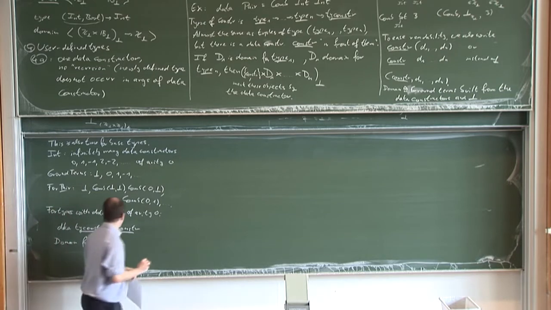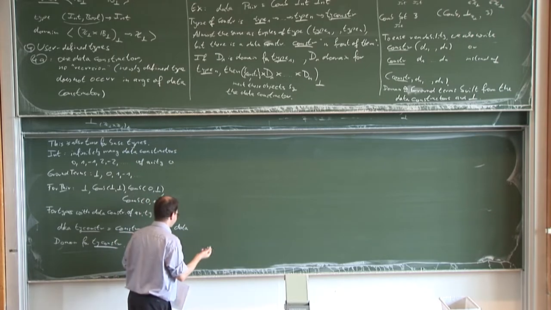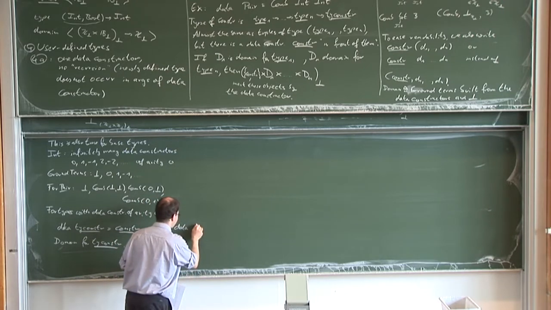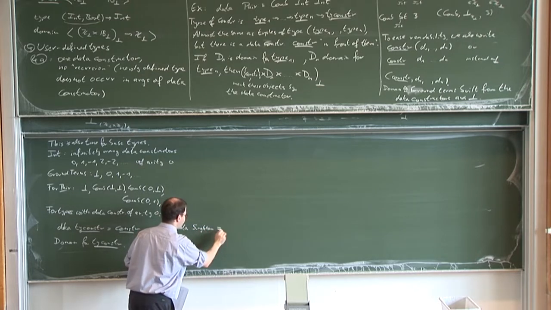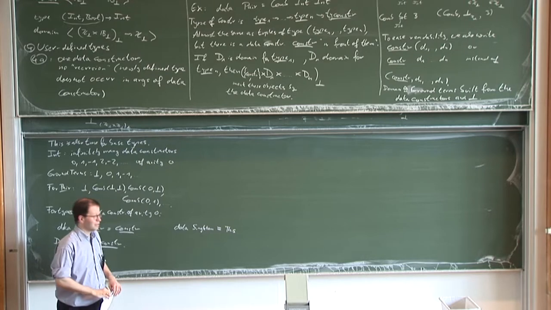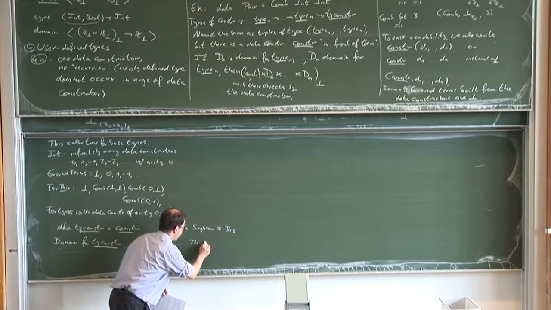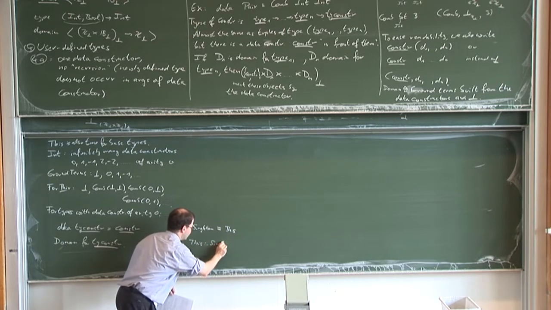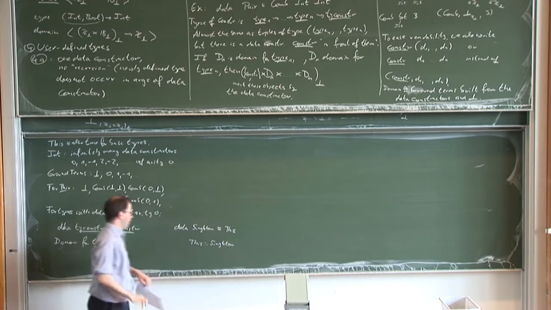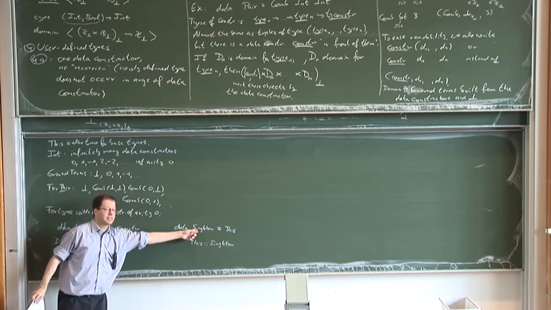Let's make an example. Let's say we have data singleton, and the only constructor is called this. So this Haskell object obviously has type singleton. How many objects does the domain for this data type singleton have?